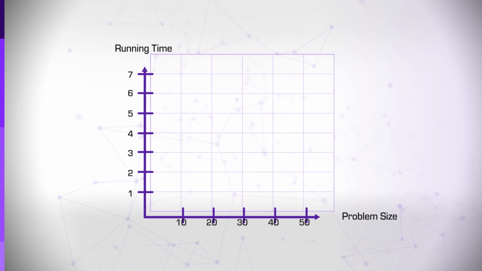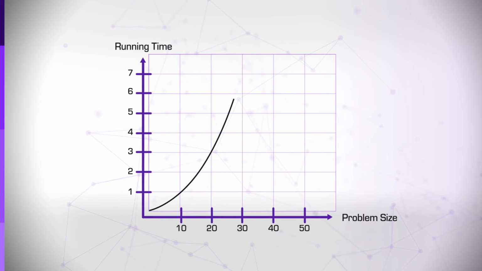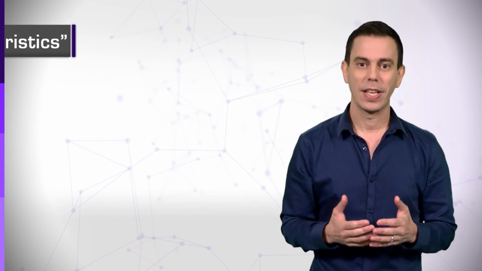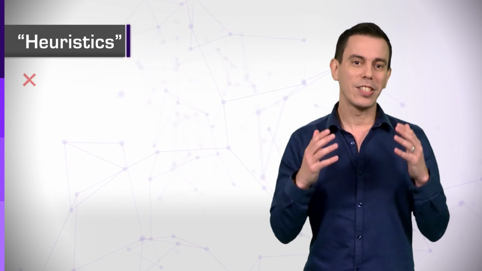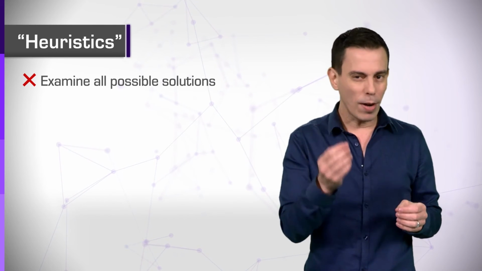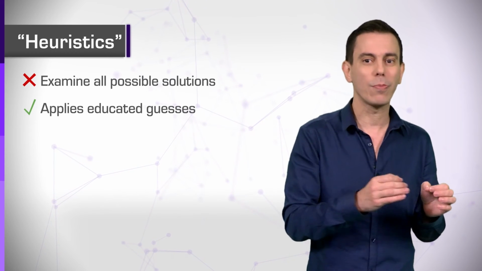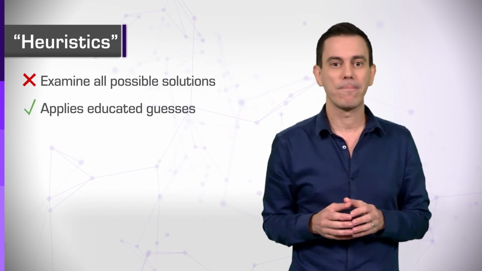These are the problems where the time required to solve them increases exponentially as the size of the problem grows linearly. When we encounter a problem that belongs to this class of problems, it means that we need an algorithm that uses some heuristics. Such an algorithm does not examine all the possible solutions to the problem, but applies some educated guesses in order to find a good solution to the problem in a reasonable time.